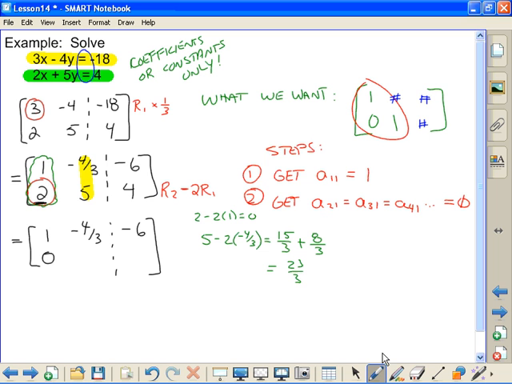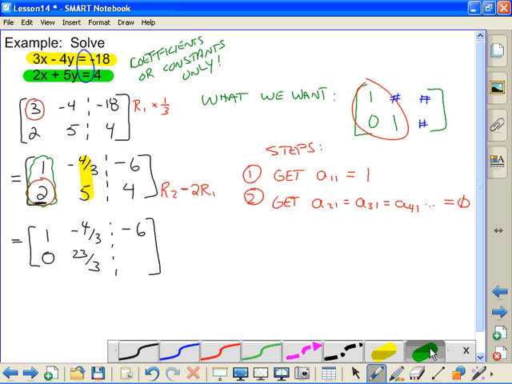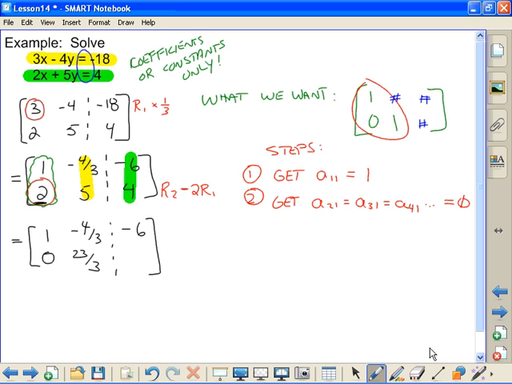Okay, so that's what goes in here, 23 over 3. And I'll just erase that now, because it's just rough work. You can scratch it out. And then finally, I will have row 2, so that's 4 minus 2 times row 1, which is our -6. So that's just 4 plus 12, which is equal to 16.